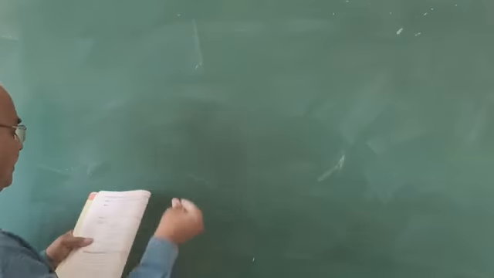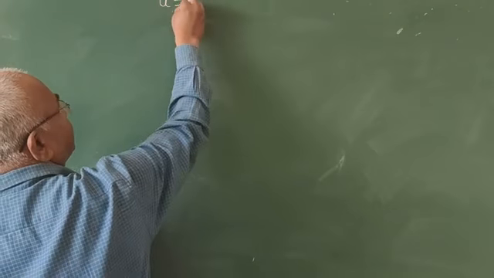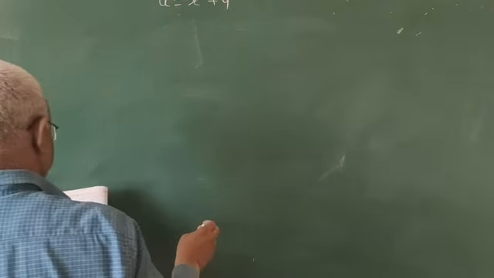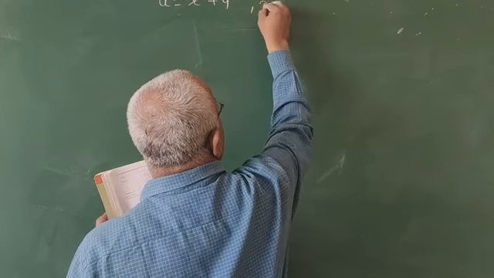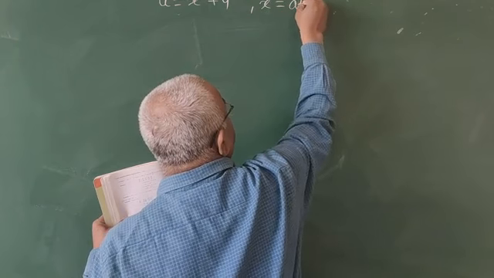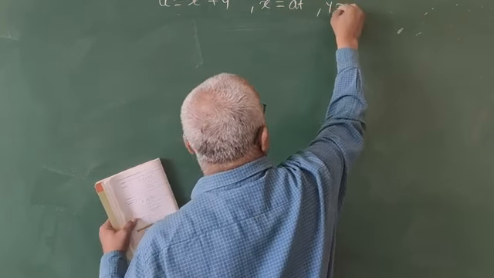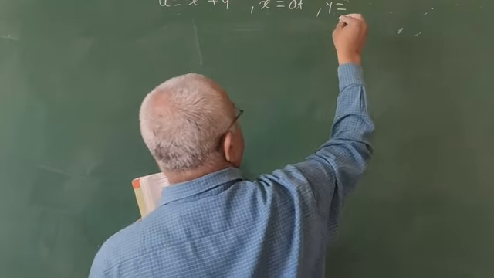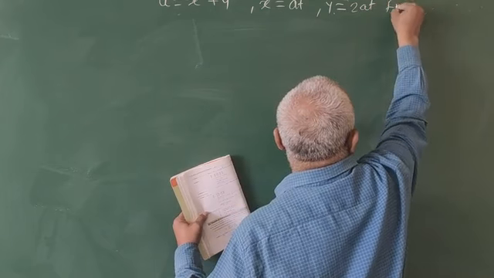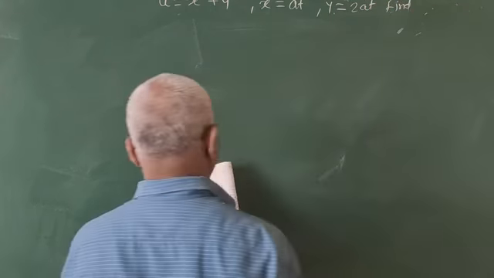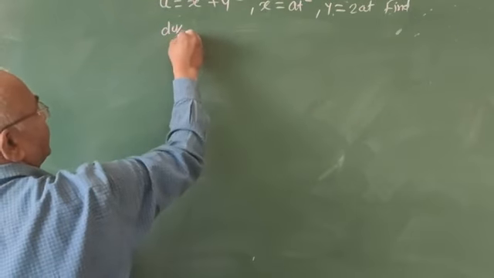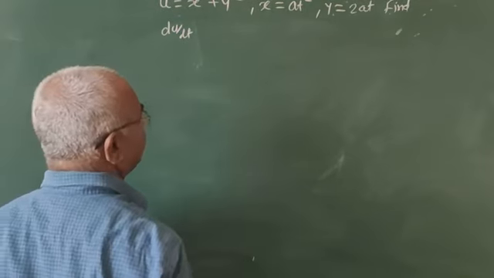If u is equal to x square plus y square, where x is equal to a t square, y is equal to 2 a t, find du by dt using chain rule.